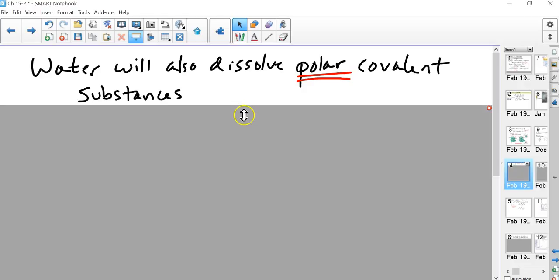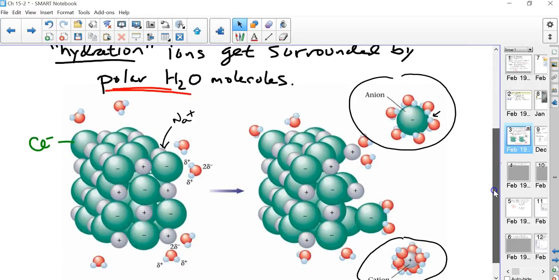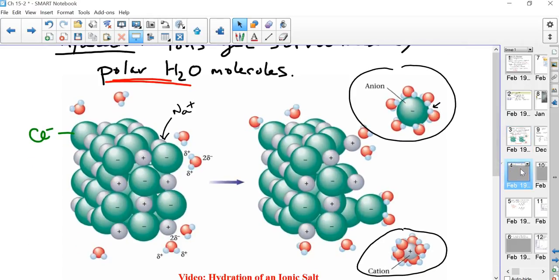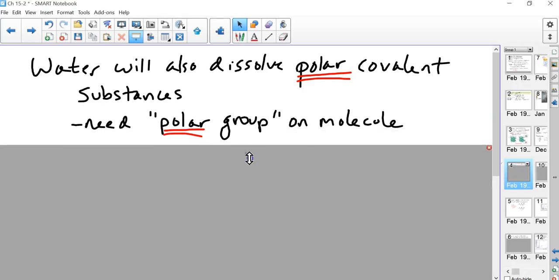Water dissolves ionic compounds, and that's because water, of course, is polar and is attracted to things that have charges. That will also mean that polar water will dissolve other polar covalent materials. A great example is sugar. We know that sugar dissolves in water, and sugar is, of course, sucrose, C12H22O11.